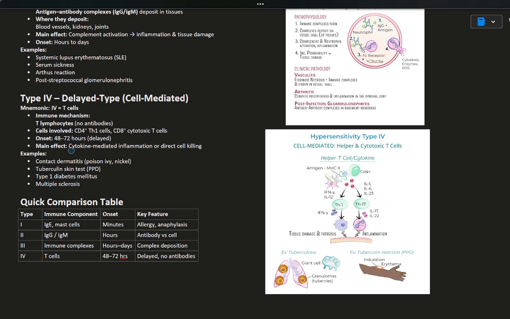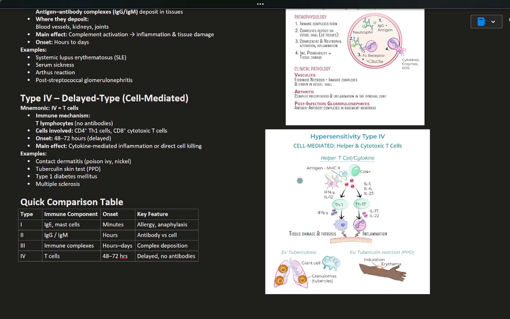And the main effect will be cytokine-mediated inflammation or direct cell killing by the cytotoxic T cells. And examples of these will include contact dermatitis from poison ivy or nickel, tuberculin skin test, or PPD, type 1 diabetes mellitus, or even multiple sclerosis.